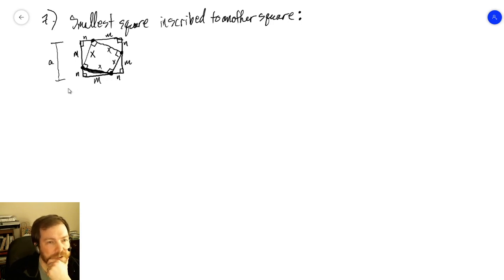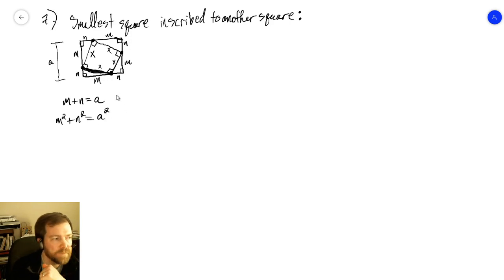All right, so here we know that M and N are going to add up to A, and that we've got a Pythagorean relationship. So it's going to be m squared plus n squared equals a squared. No, that's not a squared, sorry, x squared.